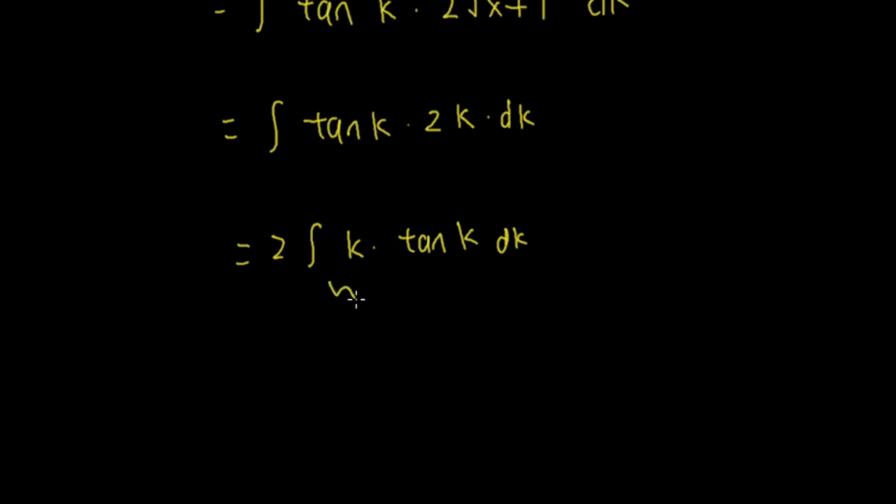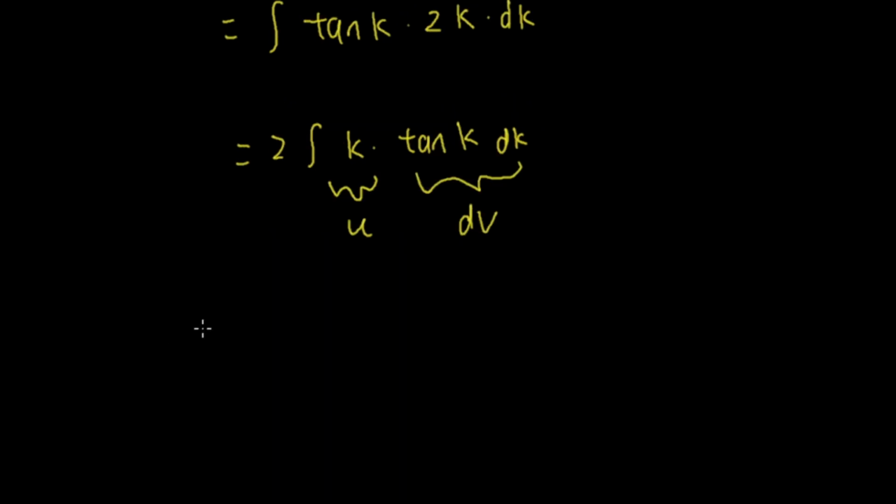So I'm going to make k equal to u, and this equal to dv. So now u is equal to k, then du is equal to dk. dv is equal to 10k dk.